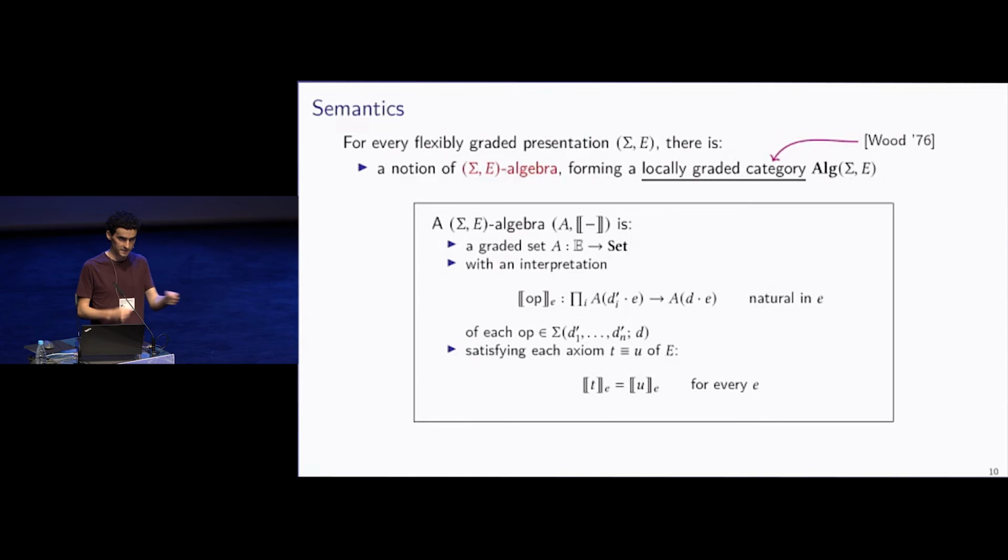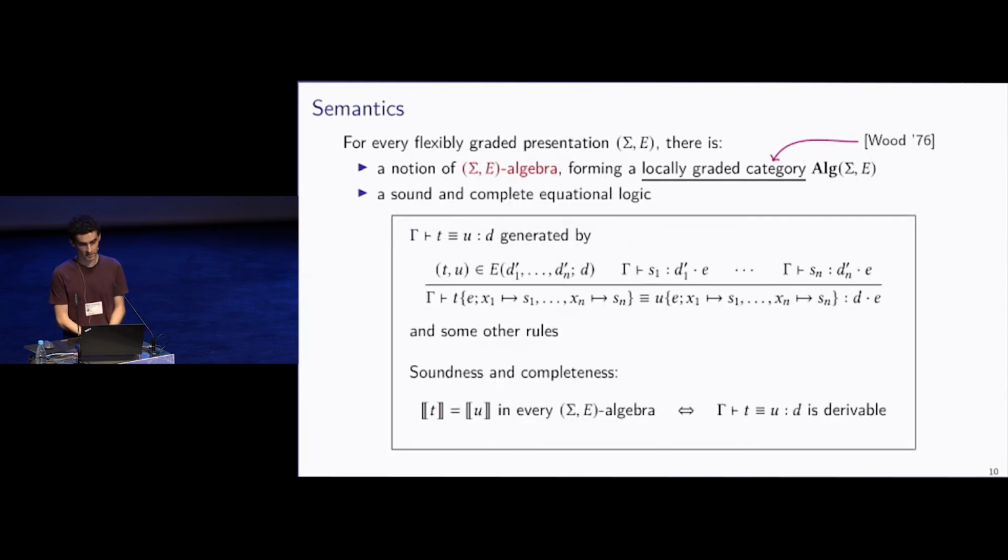This is a collection of sets, one for every grade. You'd think of the set AE as being computations of grade E. Then the interpretations are just a bunch of functions satisfying some properties. Once we have these, we can lift the interpretations of operations to interpretations of terms, and then ask for the interpretation of each side of every axiom to be equal.